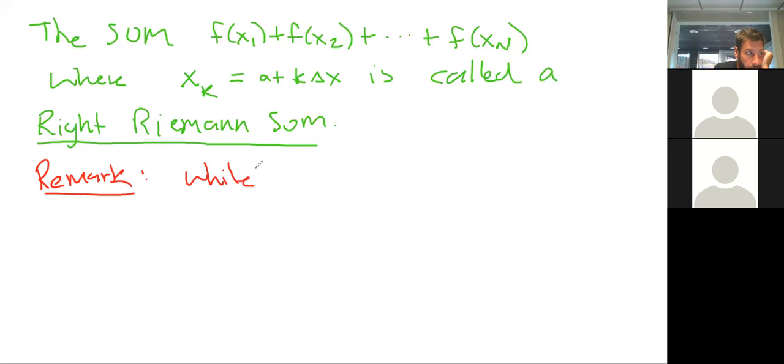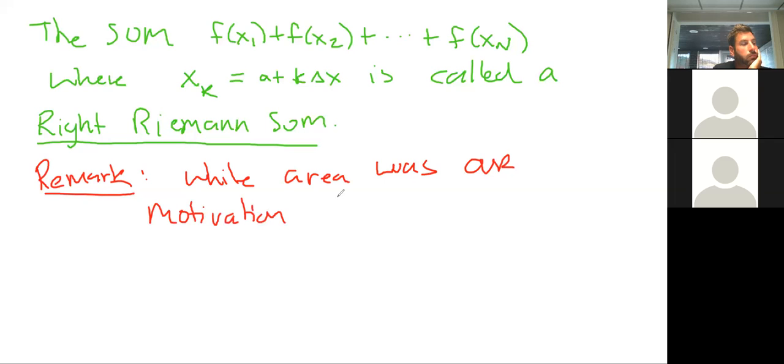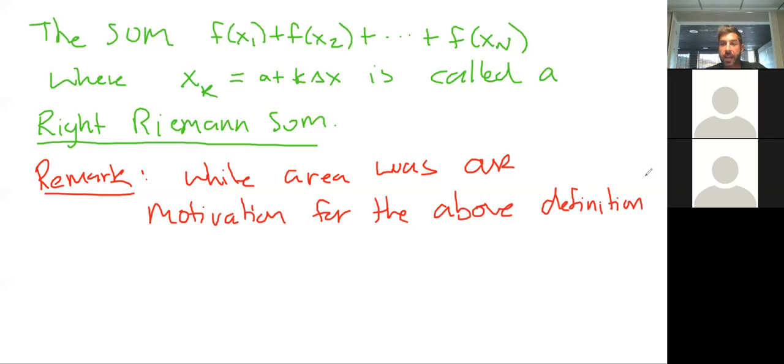And I said this on Tuesday, it's worth saying again. While area was our motivation for the above definition, remember our goal was to try to understand the area of curved regions. And so one idea we had is chop it up into rectangles.